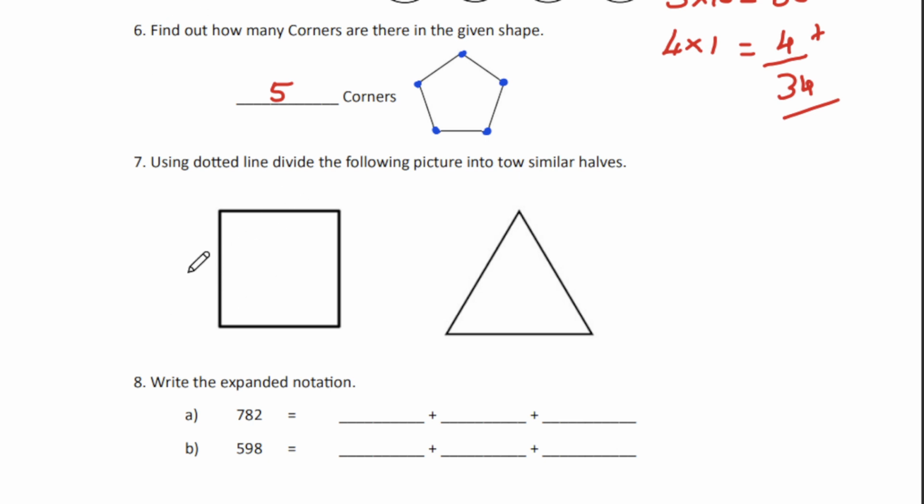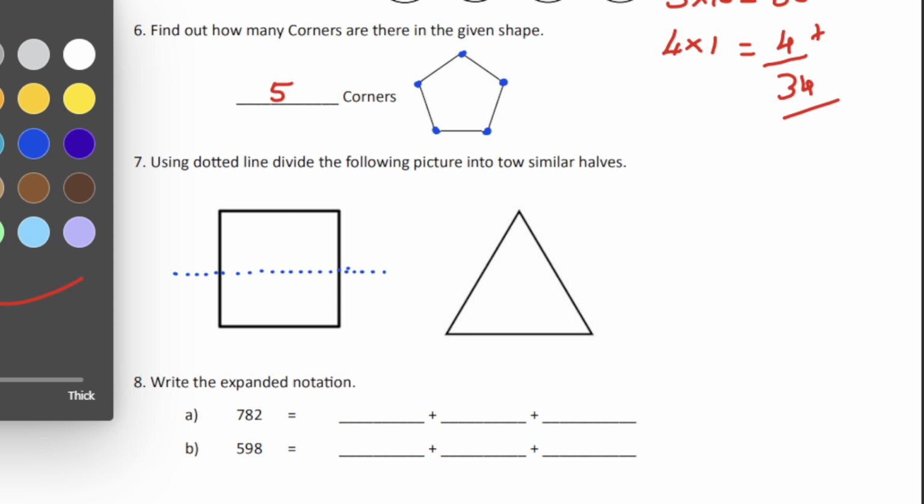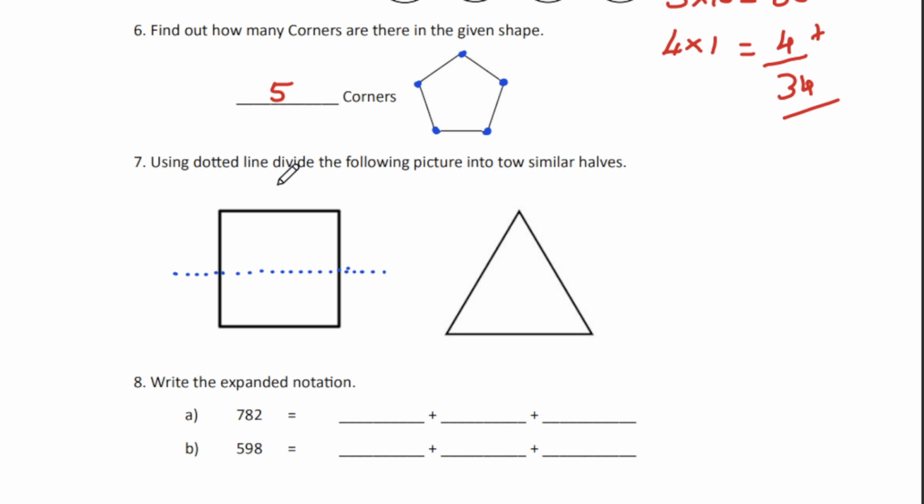Okay, so I'm going to cut this into two halves using dotted lines. If you want, you can do a vertical or horizontal line, any line, but only one line is enough. Okay, I'm just doing one more also, but you can draw any one line, that is enough.